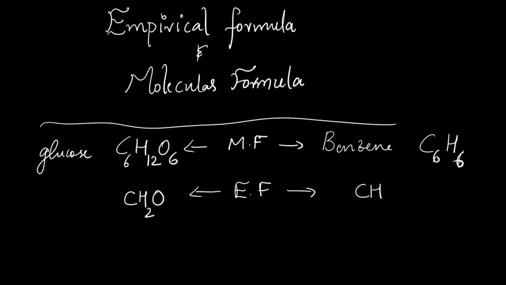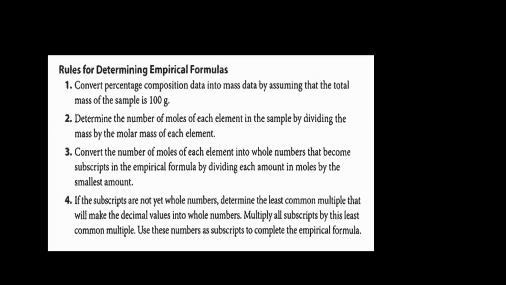But empirical formula gives the idea about what? The simplest ratio of the elements present in the compound. It will not give the idea about how many atoms are present in the compound. So that is the difference. Now let us move on to how to calculate the empirical formula and molecular formula.